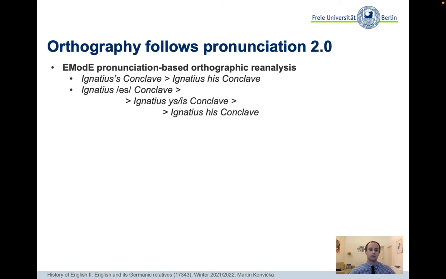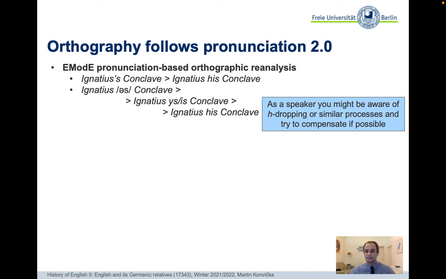If you say "Ignatius 'is conclave", and combine it with the fact that you know that sometimes the letter H is written but not pronounced, you might come to the conclusion that you should write the H in Ignatius his conclave, even though you are not pronouncing the H really.